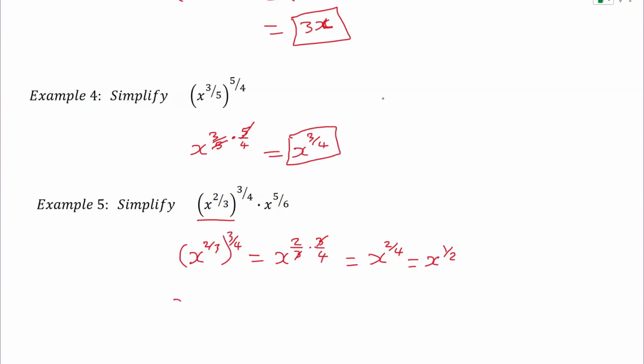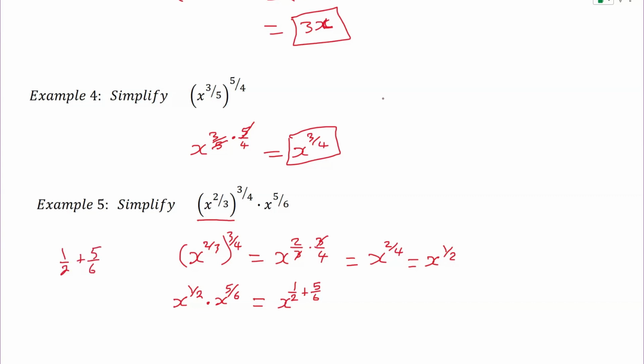So now we're going to take x to the 1/2 and we're going to multiply that by x to the 5/6. And the result of that would be the answer to the problem. So same reason, when you're multiplying now, you're going to add the exponents. So this becomes x to the 1/2 plus 5/6. So now we need a common denominator. We're trying to figure out what is 1/2 plus 5/6.